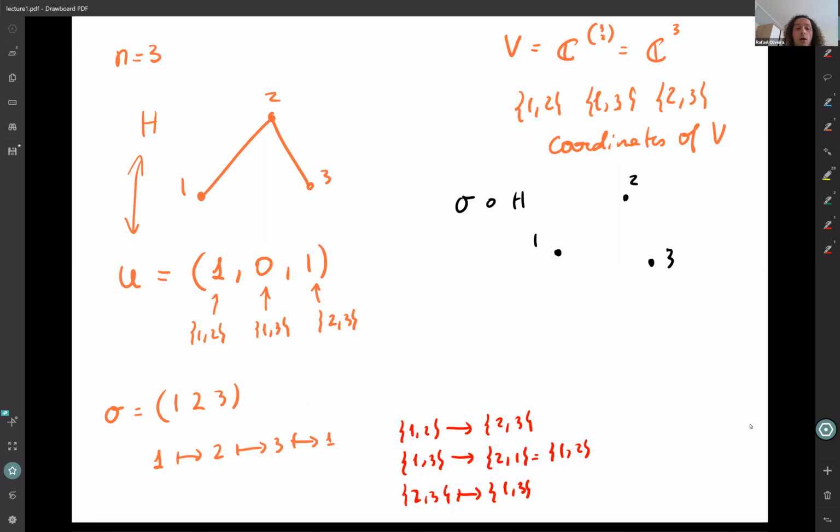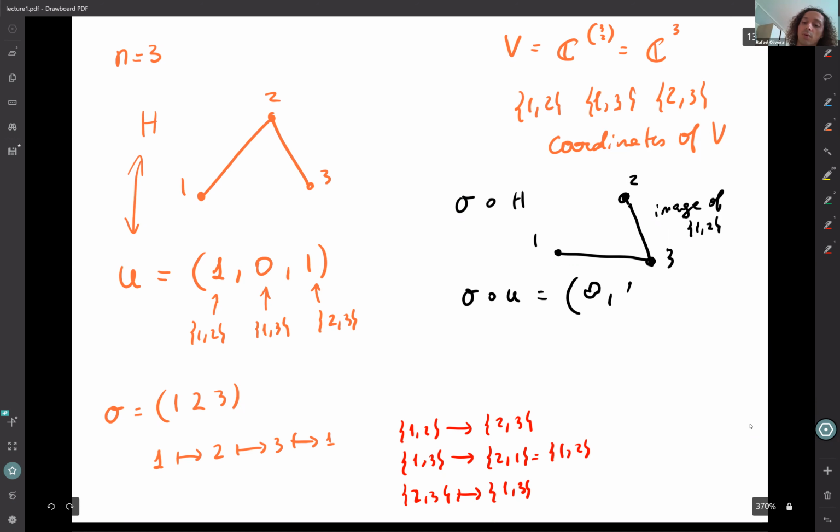So 1,2 goes to 2,3, so 2,3 is an edge because it is the image of 1,2. Now 1,3 goes to 1,2, which means that now 1,2 is not an edge, and 2,3 goes to 1,3, which means that 1,3 is an edge. So this is the new graph, and therefore the action of sigma on U takes us to 0, 1, 1.